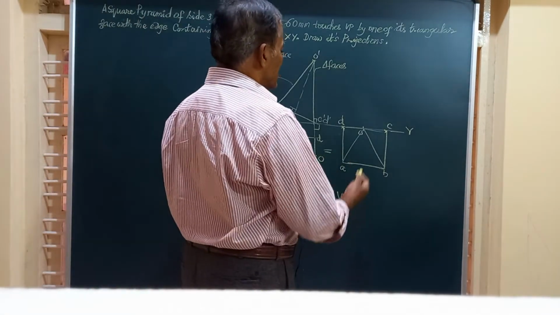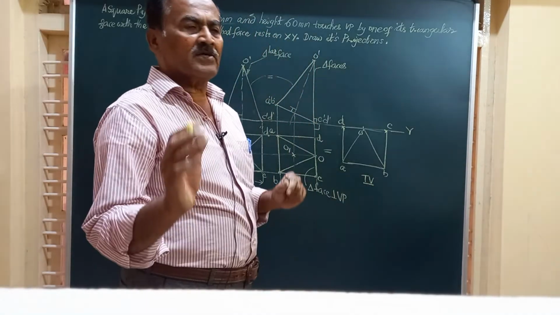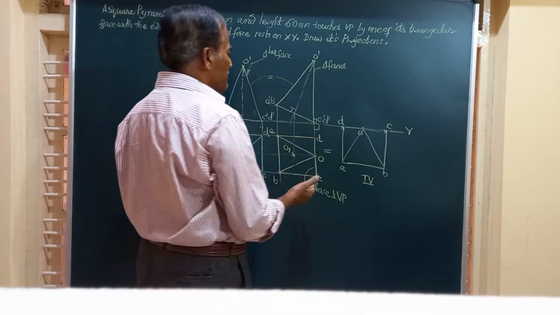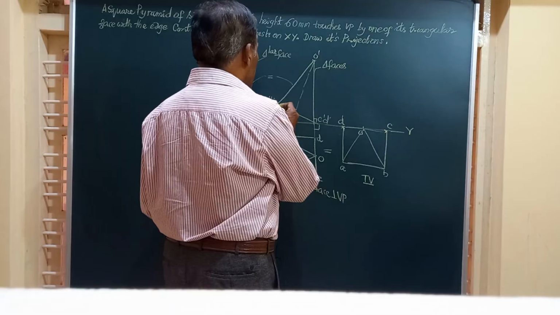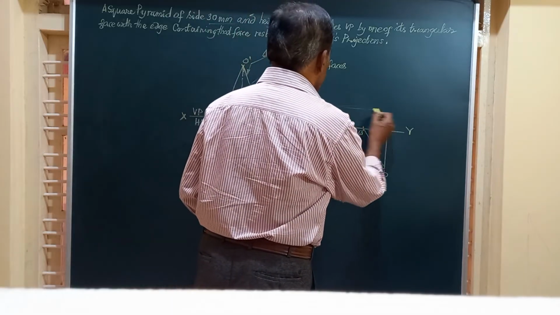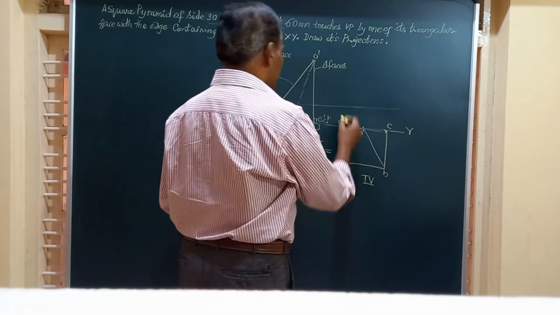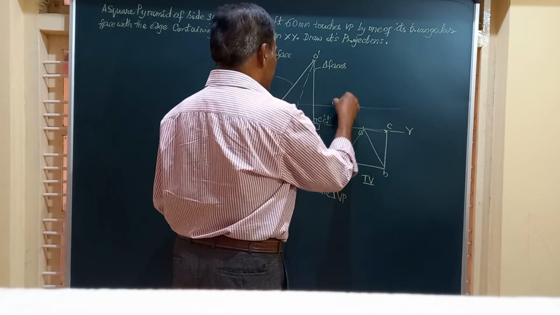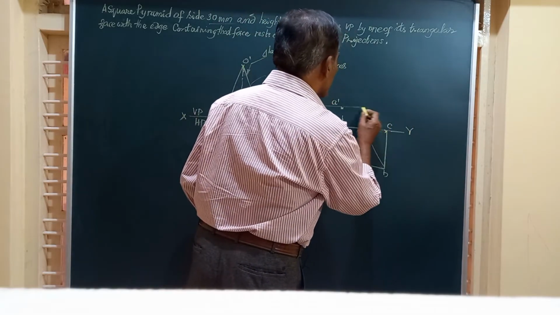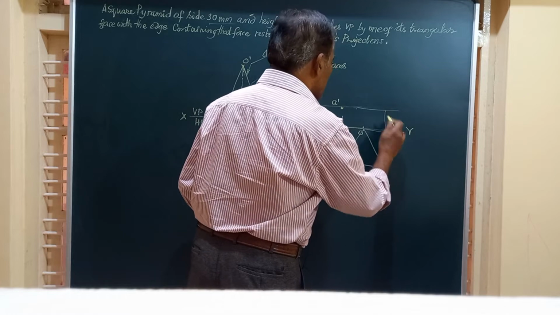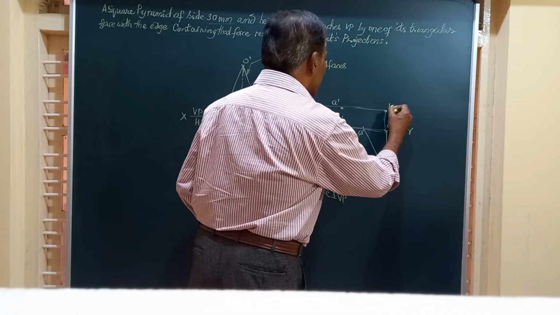And now friends, with this top view, let us see how to obtain the front view of the solid. You can start from anywhere. Vertical from A, the horizontal line from A, the point where these two intersect is our final A dash. So this is going to be A dash. Next B, vertical line from B, horizontal from here, the point of intersection will give you B dash.